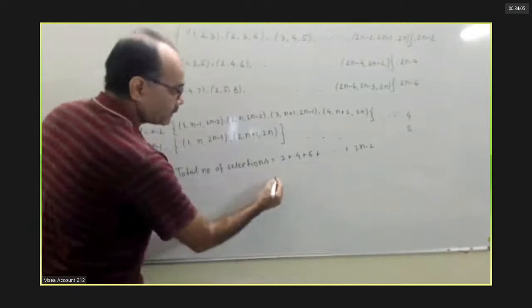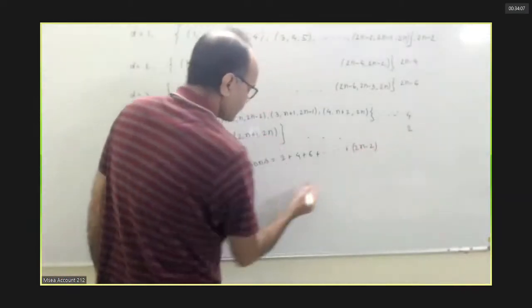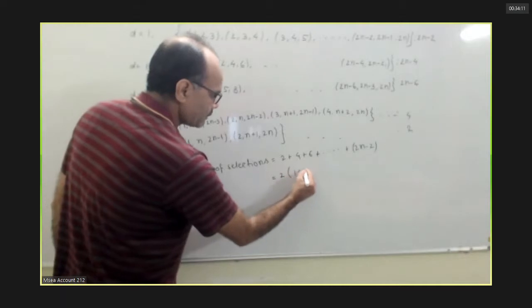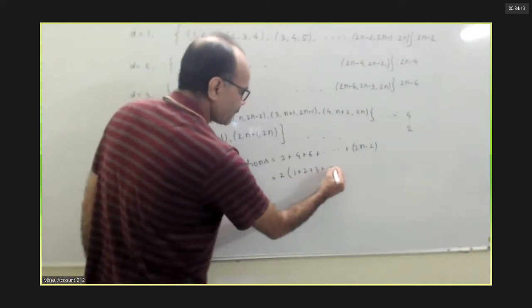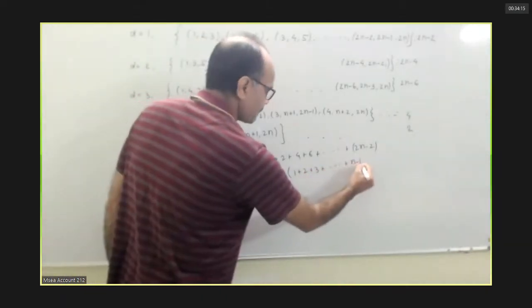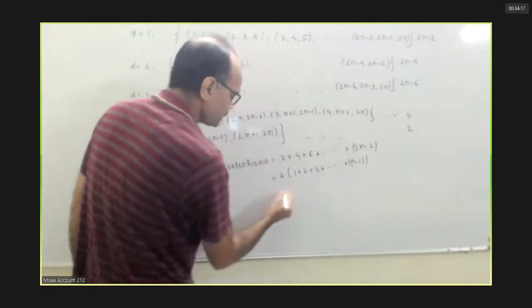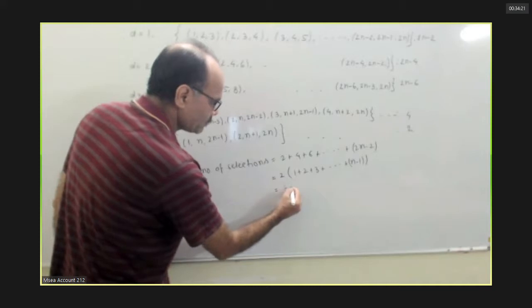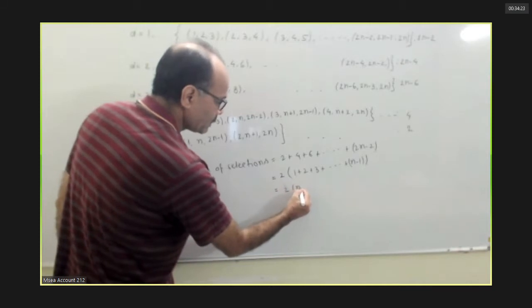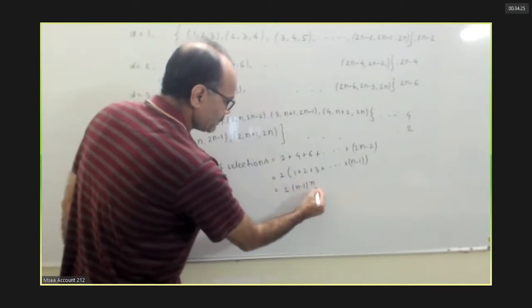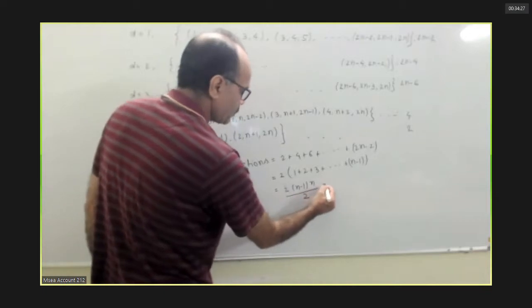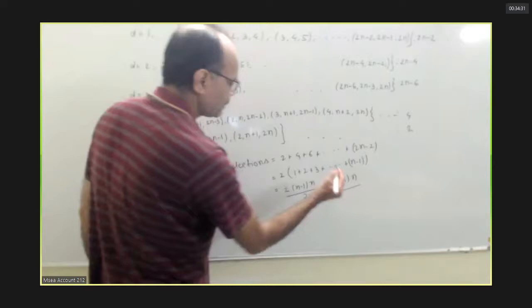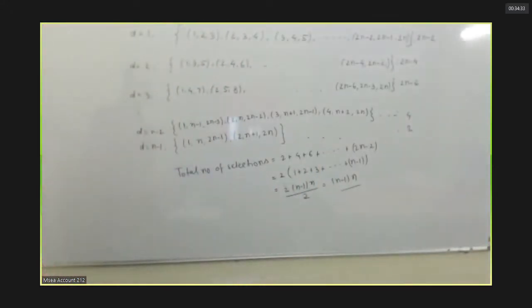Taking 2 common, 1 plus 2 plus 3 up to n minus 1, the sum of n minus 1 natural numbers. 2 into n minus 1 into n by 2, so n into n minus 1.